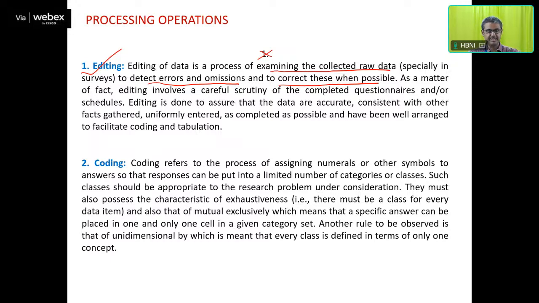As a matter of fact, editing involves a careful scrutiny of the completed questionnaires and schedules. Editing is done to assure that the data are accurate, consistent with other facts gathered, uniformly entered, as complete as possible, and well arranged to facilitate coding and tabulation.